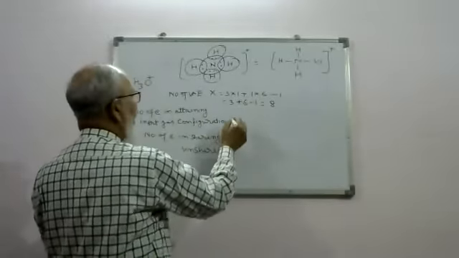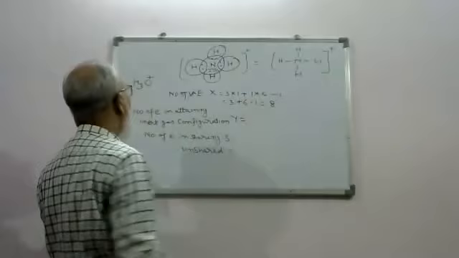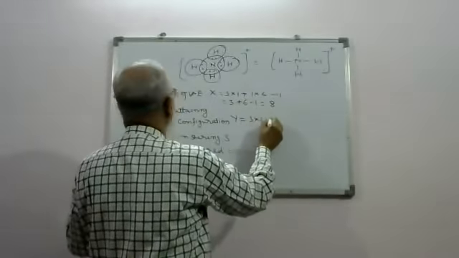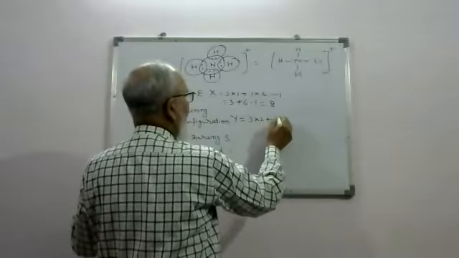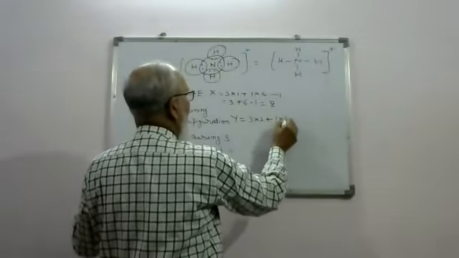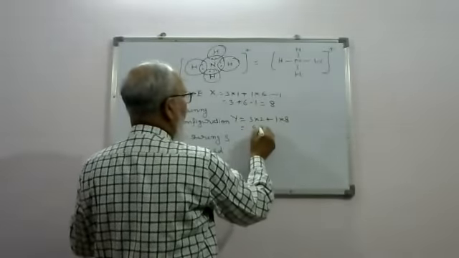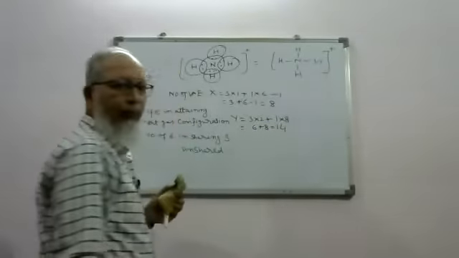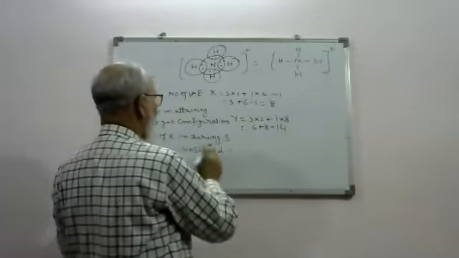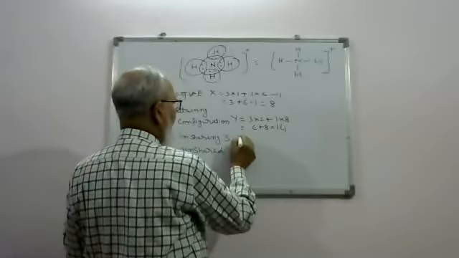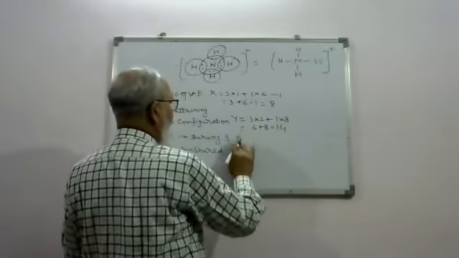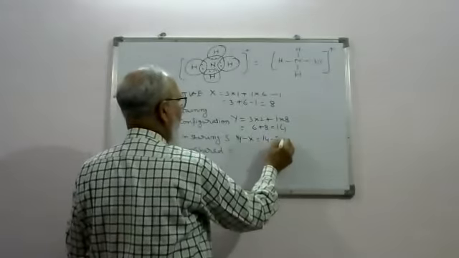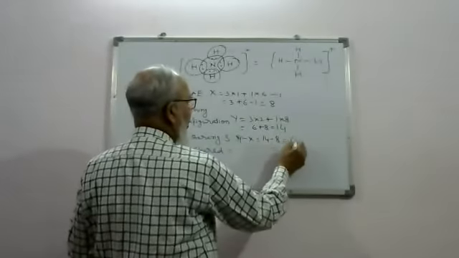Number of electrons in attaining inert gas configuration Y will be equal to 3 into 2 plus 1 into 8, which is equal to 6 plus 8, equal to 14. Number of electrons required in sharing, Y minus X, is equal to 14 minus 8, which is equal to 6.